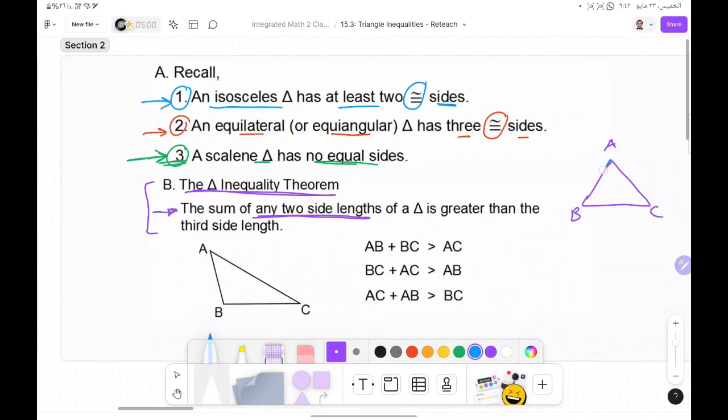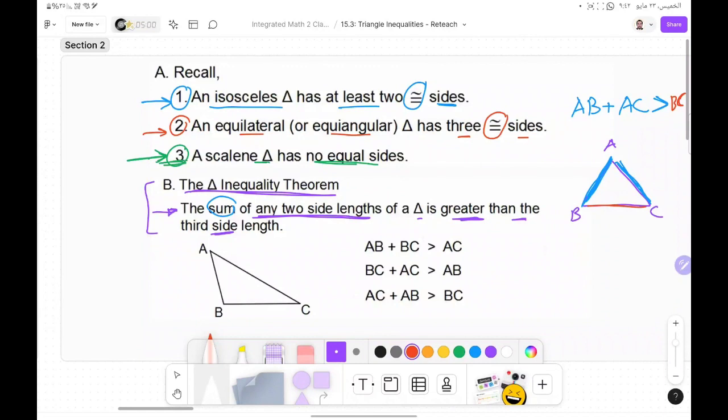Let's pick AB and AC. Any two sides of a triangle is greater than the third side. So the summation of two sides should be greater than the third side, and the third side is BC.